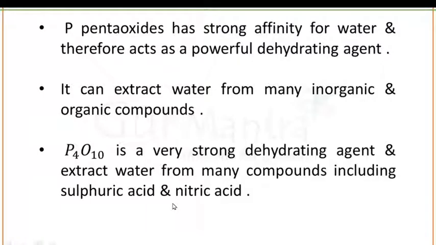If we talk about the hazards of pentoxide, phosphorus pentoxide itself is not flammable. You have seen that sulfur trioxide is flammable, but phosphorus pentoxide is not.